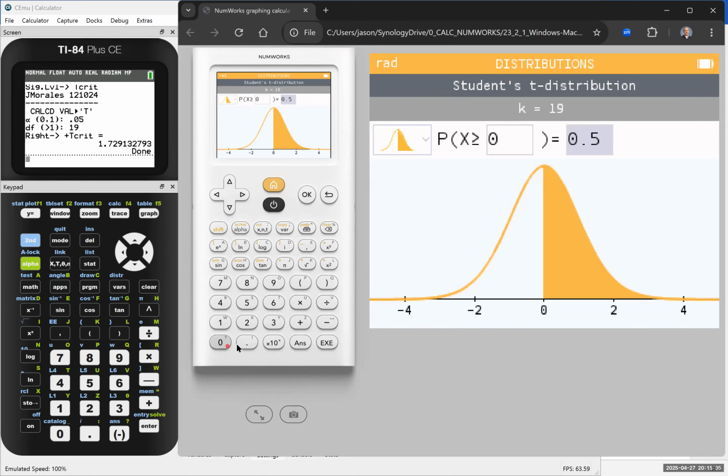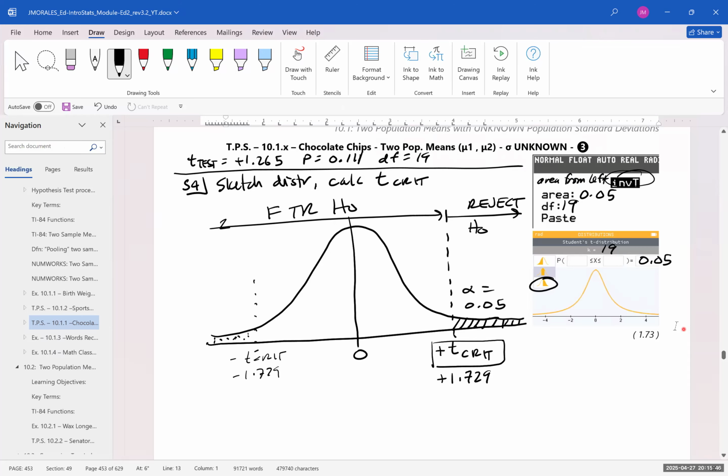And that area is going to be 0.05 or 5%. So we get a positive 1.729. So we get a positive t critical value of positive 1.729. So, it's really instructive to put all this in here, and I'll explain why here in a minute. It'll become evident in a second.